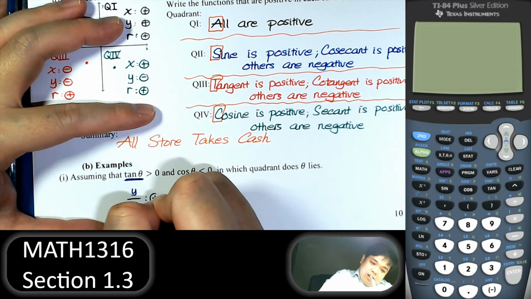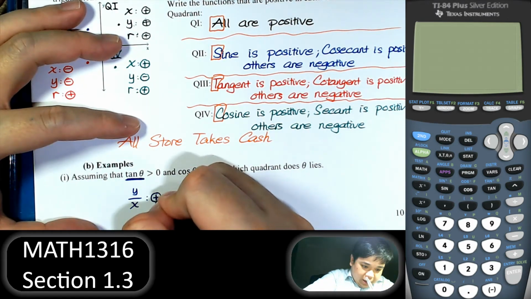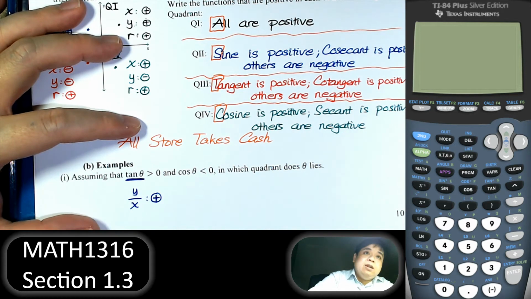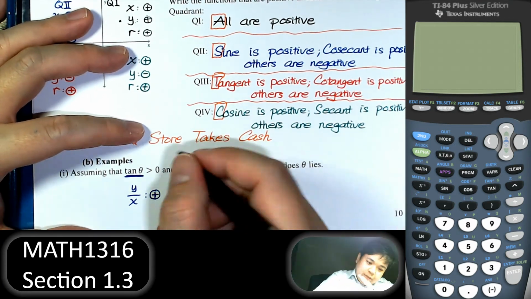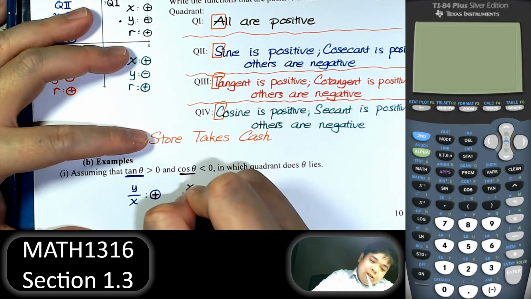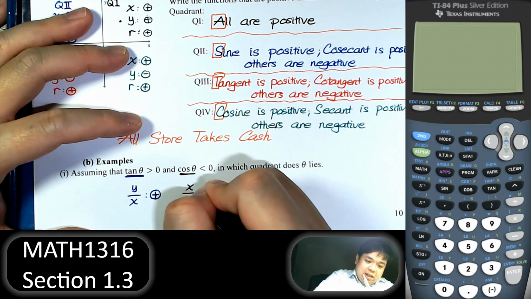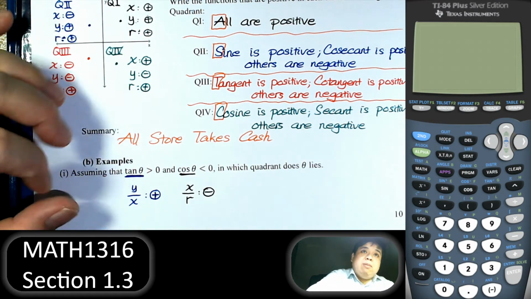And this is positive. Cosine is x over r. This is negative. Which quadrant are we talking about here?